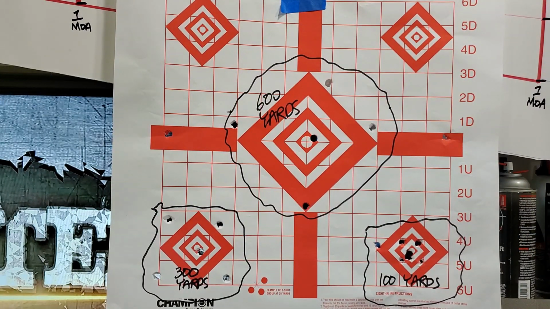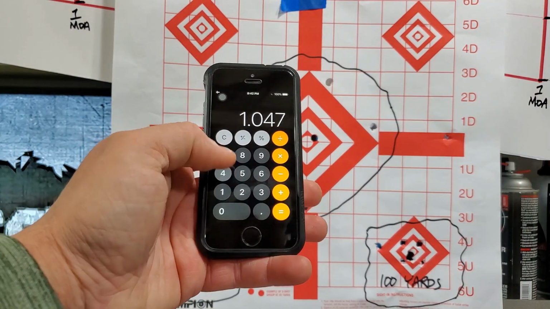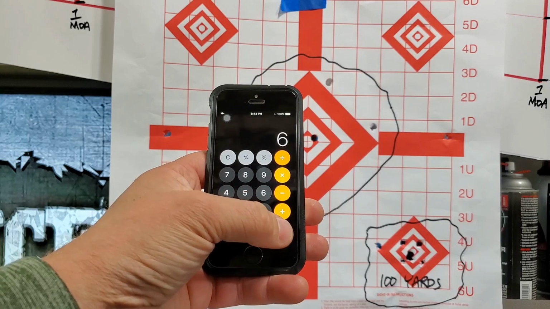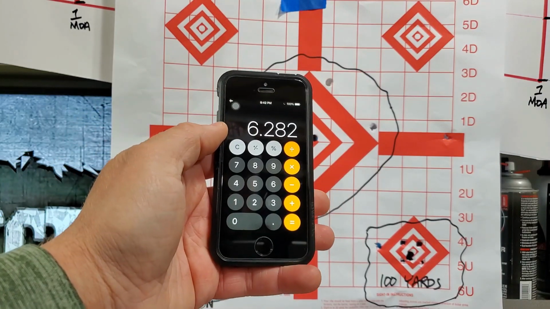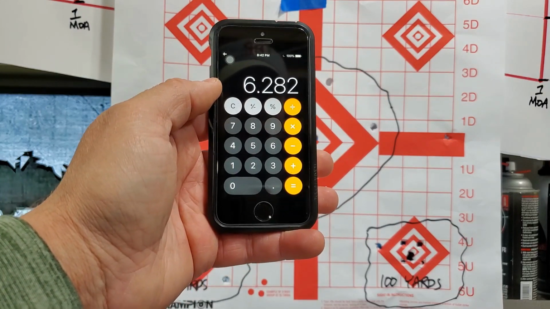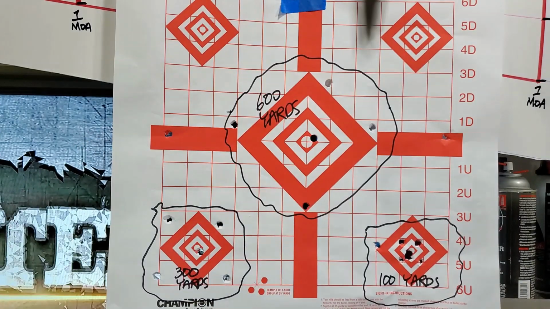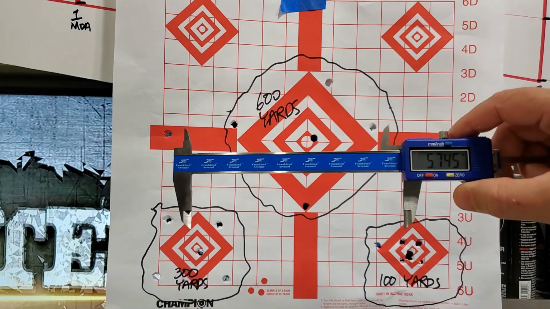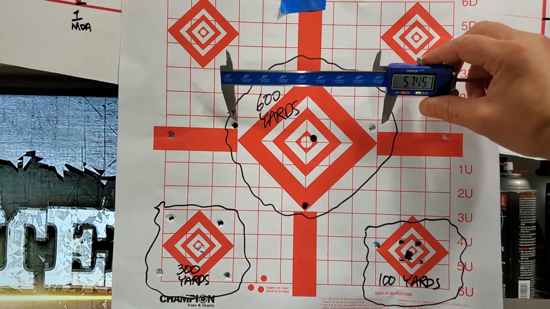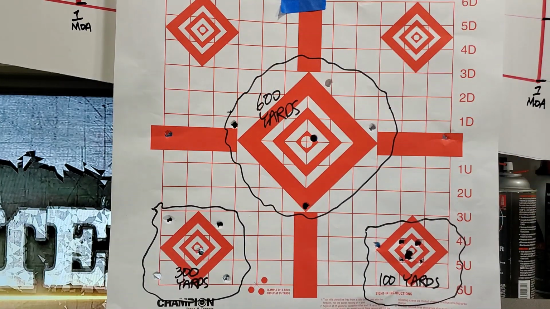Well, 1 minute of angle times 600 yards, 1 minute of angle at 600 yards is actually 6.282. It's not 6.0. Well, if this was our 5-shot group, center to center is 5.745.